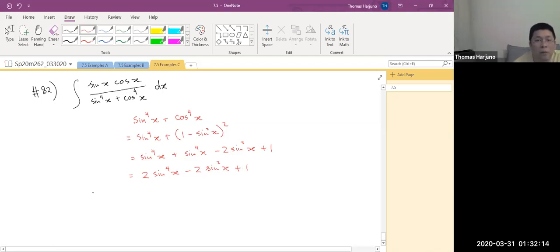Let me update ourselves first. This equals the integral of sine x cosine x over 2 sine to the 4th x minus 2 sine squared x plus 1 dx. I think from here I do a u-sub, u equals sine squared x.